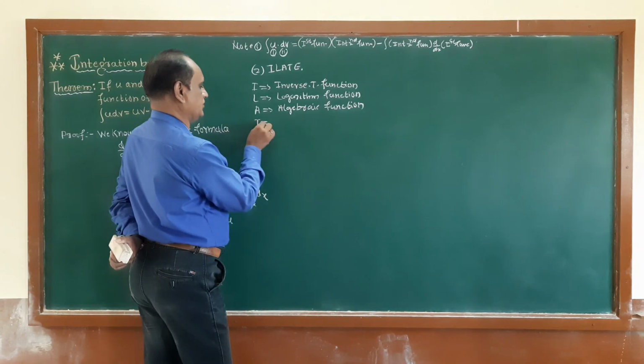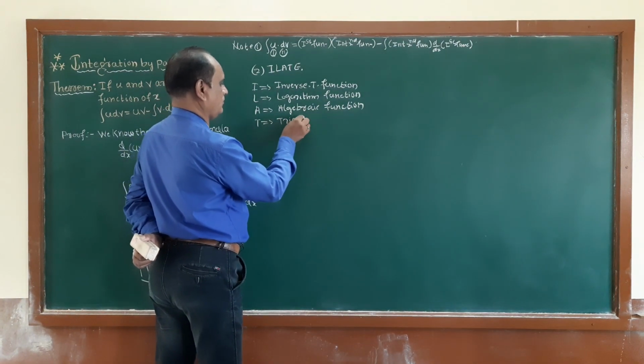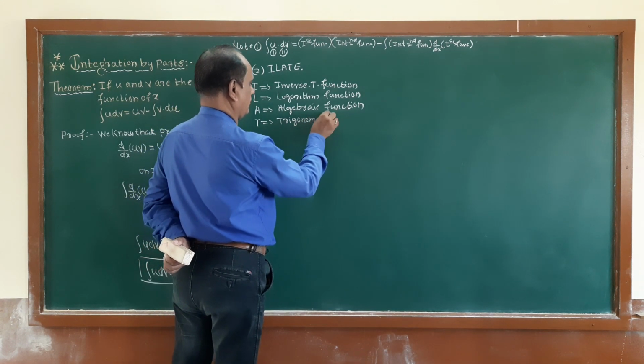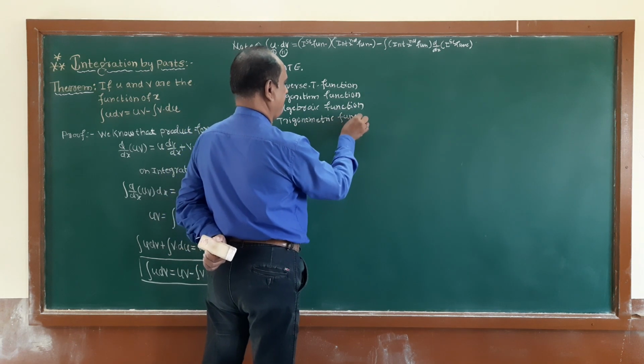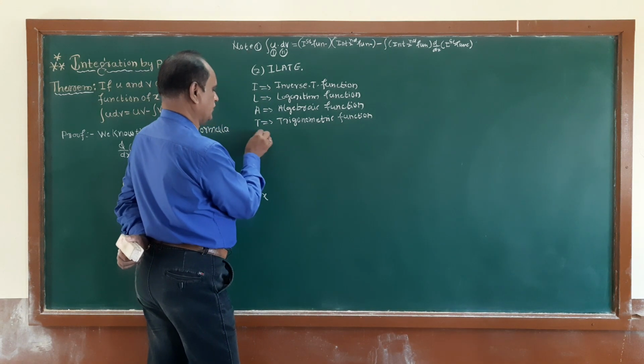T means trigonometric function. E means exponential function.